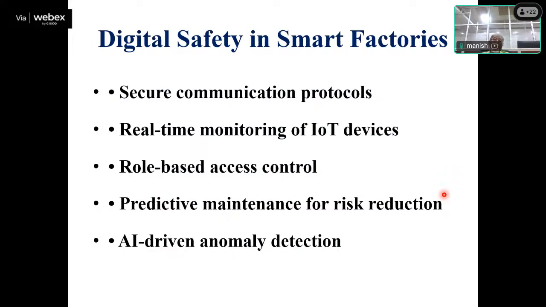And then another important aspect, the role-based access control. Suppose one particular IoT device has a particular specific role, and I have been allotted that role, so I will have the access. Partly this is being done in most cases, even in banks, where people are doing this kind of individual man-machine coordination, but it has to be done much more extensively.